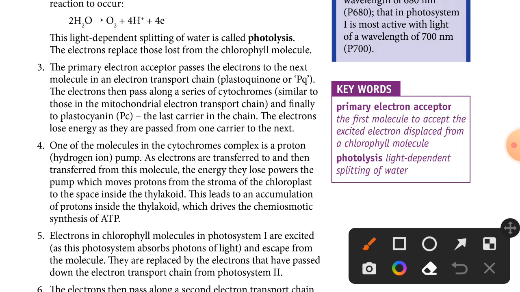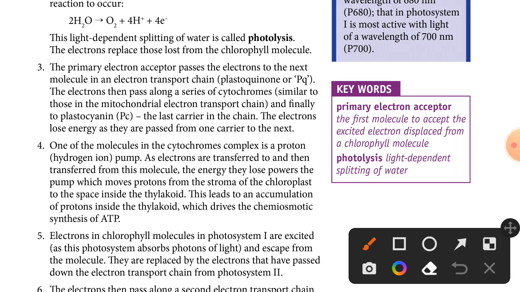And finally to plastocyanin, the last carrier in the chain. Chain kana keessatti the last electron carrier eenyudha? Plastocyanin jechuudha. The electrons lose energy as they pass from one carrier to the next. Carrier tokkorraa carrier biraatti gaafa darbaa deeman energy lose gochaa deemu electron.